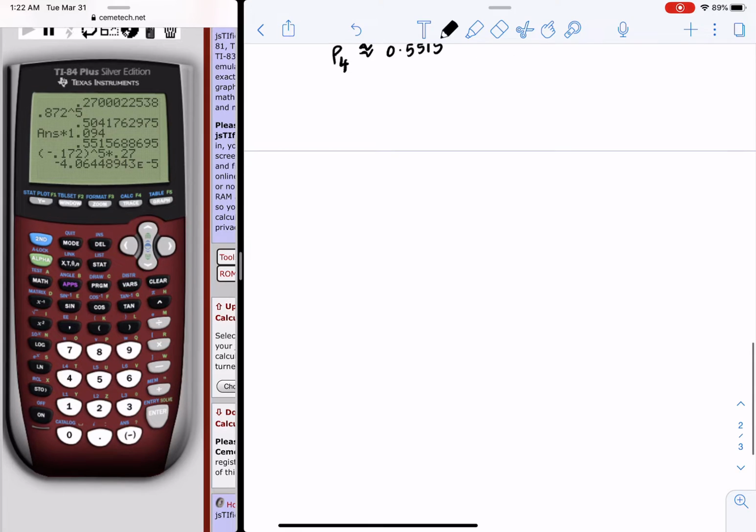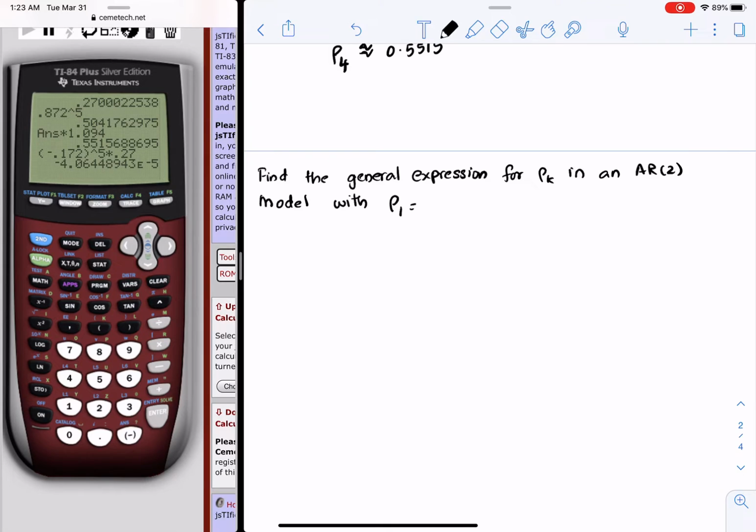So here is another example. We want to find the general expression for rho k in an AR2 model with rho 1 equals 0.7825 and rho 2 equals 0.3027.